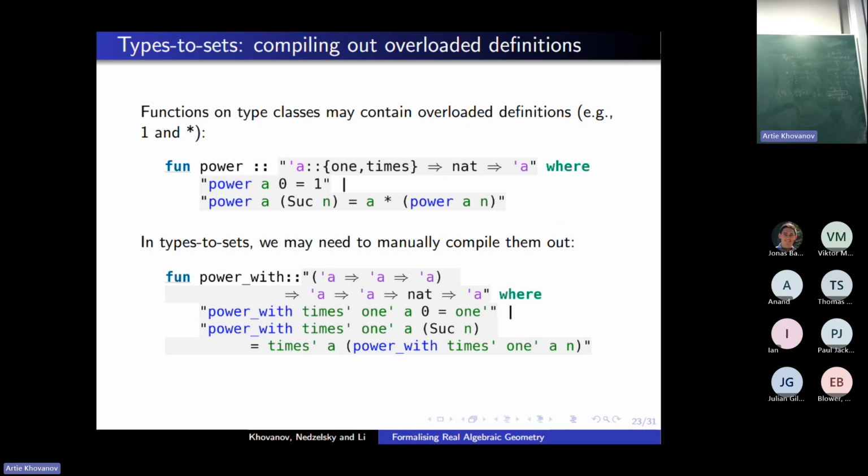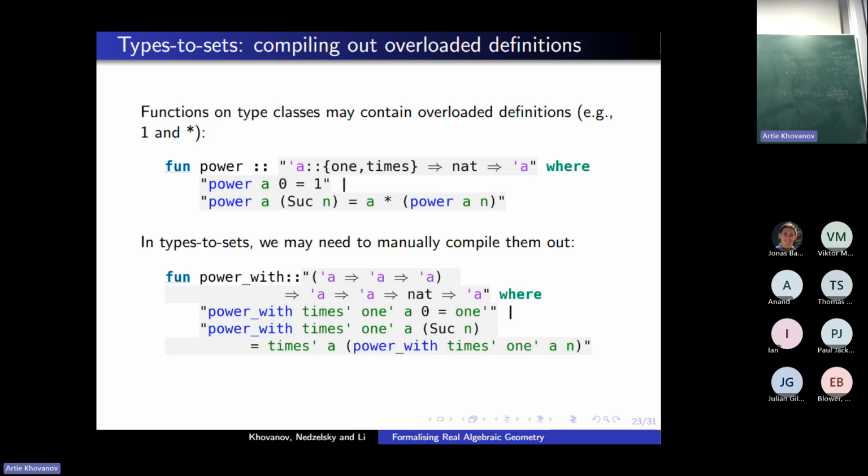It has 1 and times, which means this type variable has a definition of 1 and a definition of times. This is the standard definition of power in Isabelle based on type classes, so it's quite straightforward. But in the types-to-set framework, we need to manually compile out these overloaded definitions like times and ones.